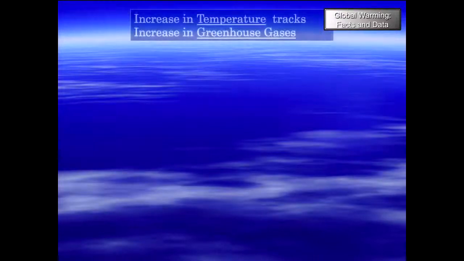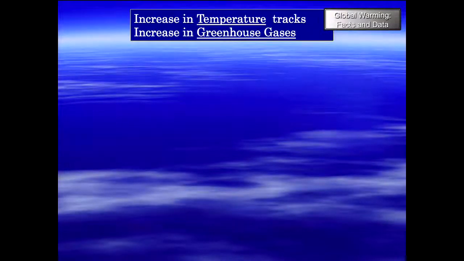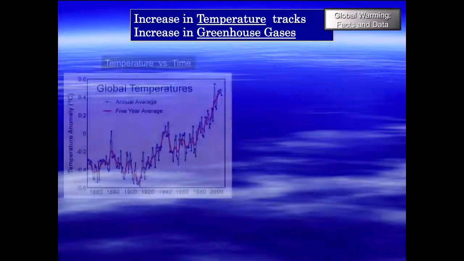Now, I've talked about two sets of data, carbon dioxide and temperature. We might ask, are they related? It's a normal thing to ask. So let's compare this increase in temperature with the increase in carbon dioxide, which, as you'll see in a moment, is a so-called greenhouse gas.